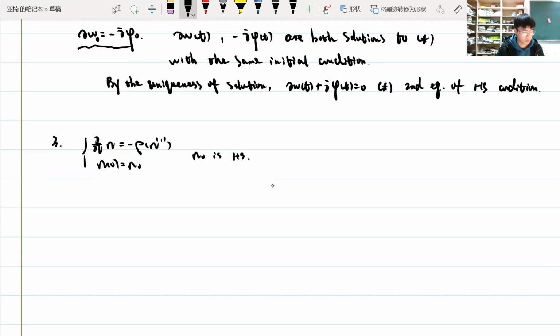And we prove it is parabolic. It has a short-time existence and uniqueness.